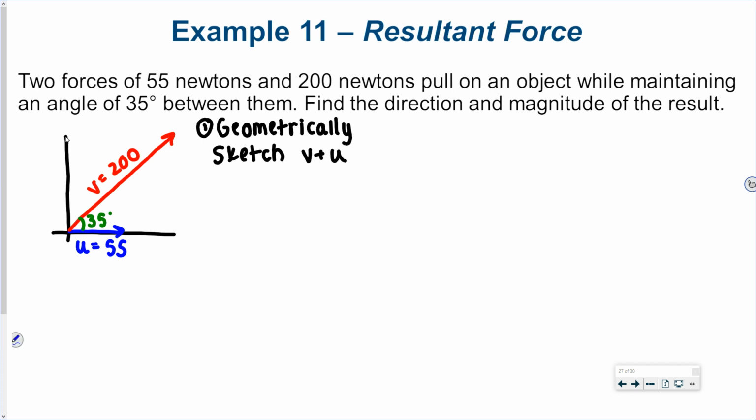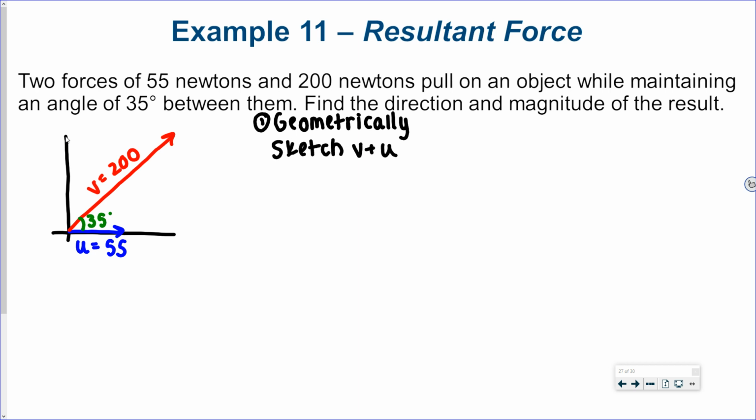Obviously it doesn't matter, but in this case it's easier to take your vector V and add on U. I'm taking the tail end of my vector V and adding on U. Wherever that ends up, this vector right here would be V plus U. Agreed? Okay. This is how we do it using geometry.